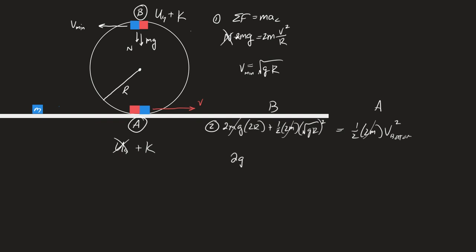That leaves me with 2gr plus, this one's a little hard, 1/2 times the square root of gr, squared. So 1/2 gr. And that has to equal 1/2 v bottom squared.